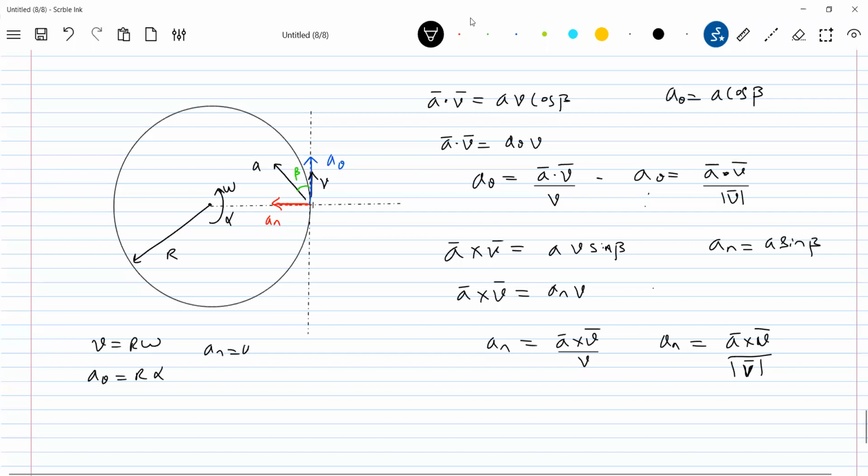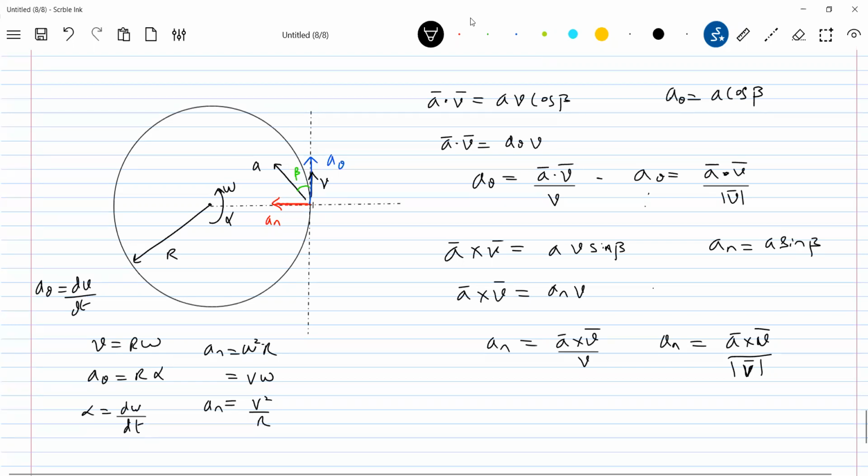A normal equal to omega square R, or V into omega, or V square by R. Or this tangential, R alpha, and alpha is d omega by dt. And what is A tangential? A tangential is the rate of change of speed. So you should just be familiar with the symbols here. So this is one thing.